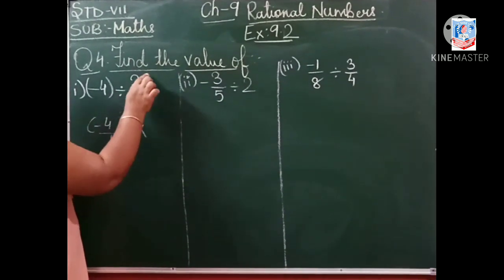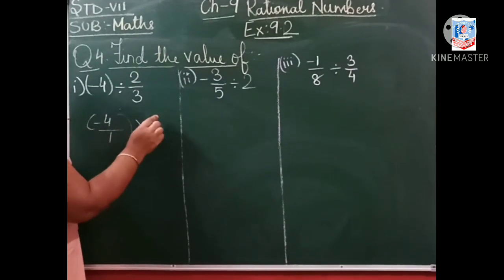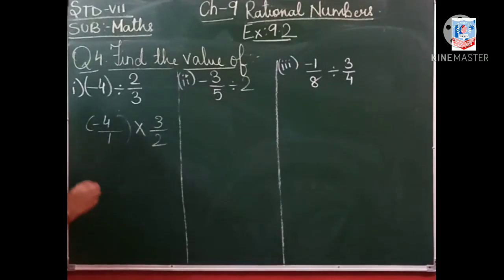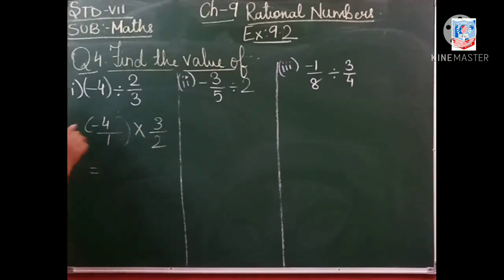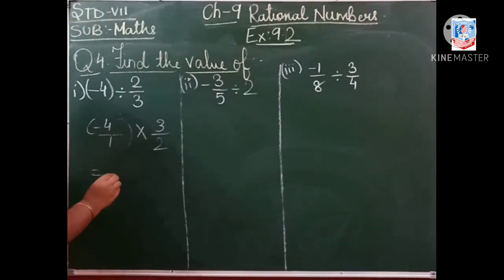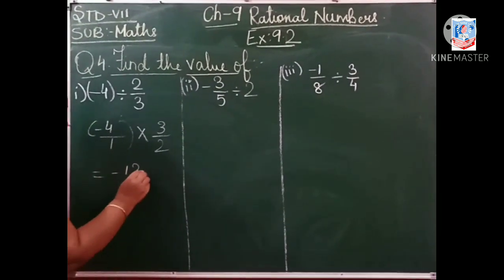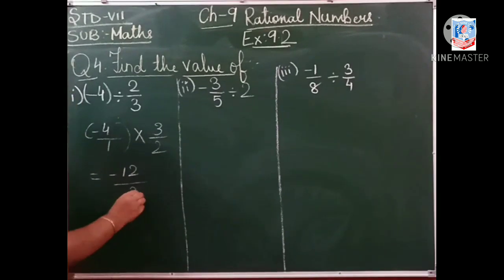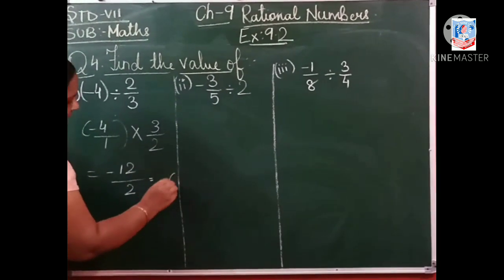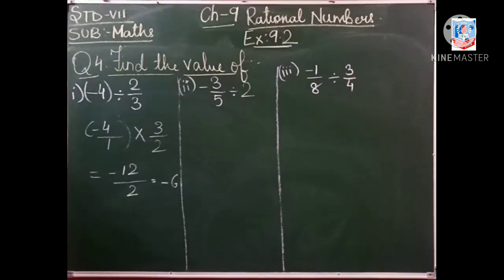That means 3 will become the numerator and 2 will become the denominator. Okay, you can also cut directly. 4 into 3 is 12, minus 12 divided by 2. Now 12 and 2 you can divide, minus 6 is your answer.